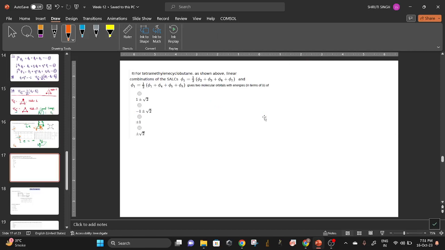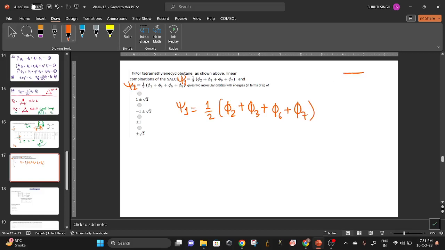Okay. Now this question is again related to the same molecule, tetramethylene cyclobutane as shown above, the linear combination of SALCs phi 1, it should be psi 1 actually, this is psi 1 and this is psi 2. So psi 1 is equal to 1 over 2, 2, 3, 6, 7.